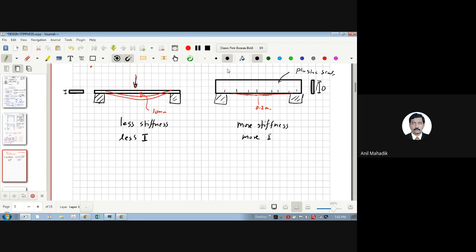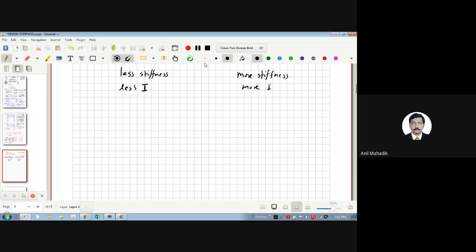We can take one example. One more example, a smaller example, of the same kind. So these are the supports, and let's say this is a steel plate.